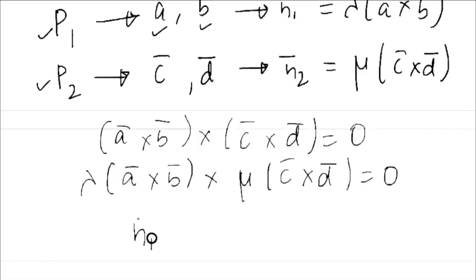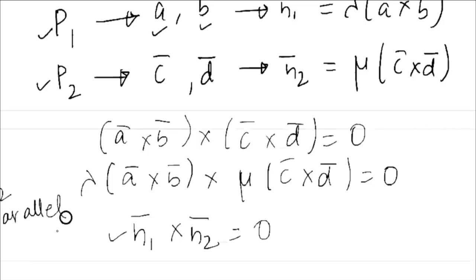This can also be written as N1 vector cross N2 vector is equal to 0, which says that N1 and N2 are parallel. As N1 and N2 are parallel, the angle between them, theta, is equal to 0 degrees, which is written in option A. So the correct answer is option A here.